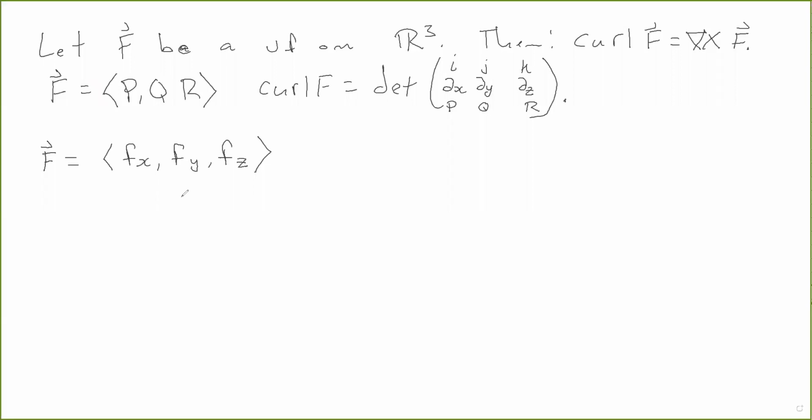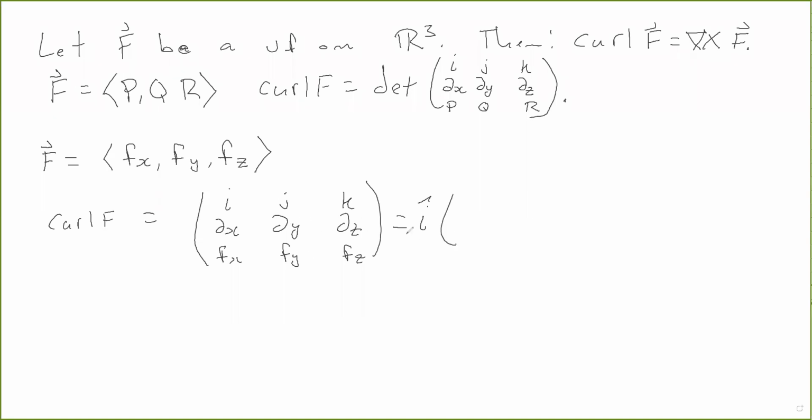Okay, so let's say F is conservative. In other words, F is a vector field that is the gradient of some function little f. Let's compute the curl. So the curl of F is going to be this determinant: I, j, k, the partial derivative with respect to x, partial derivative with respect to y, partial derivative with respect to z, and this will be fx, fy, fz. Okay, so what is this? This is going to be I times the determinant of this 2 by 2 matrix. So this is the partial derivative of fz with respect to y minus the partial derivative of fy with respect to z.